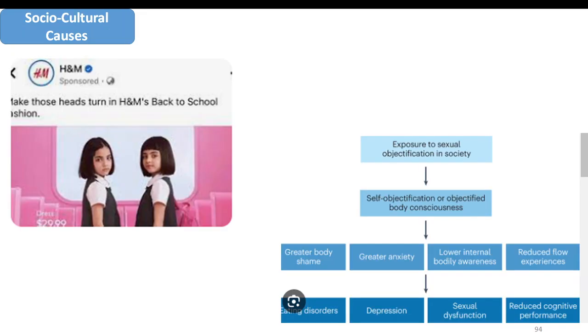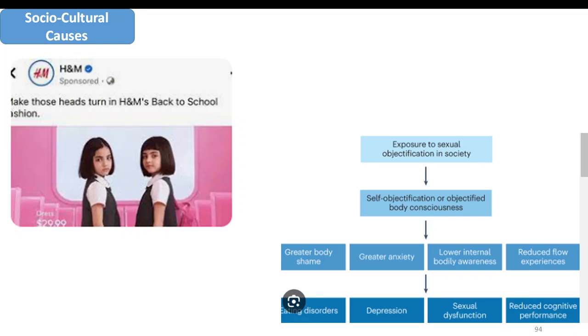And the next could be the socio-cultural causes. As you may have noted recently, there was this ad from the popular apparel maker H&M, wherein they are not even sparing the school kids. They are portraying the uniform as a fashion element, looking at school as a fashion ramp, school kids as the models.